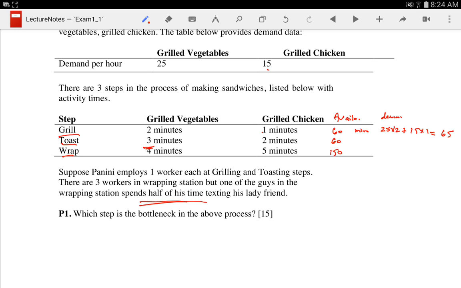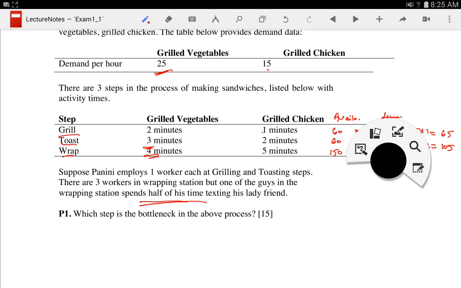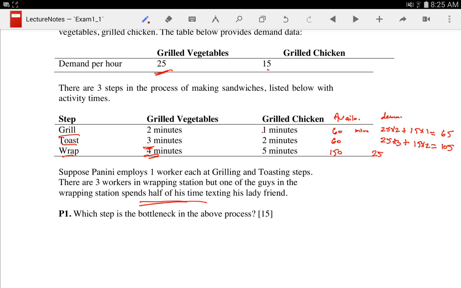For the toasting station, it is 25 multiplied by 3 plus 15 multiplied by 2, which comes out to be 105. Here it's 25 times 4 plus 15 times 5, this is 175.